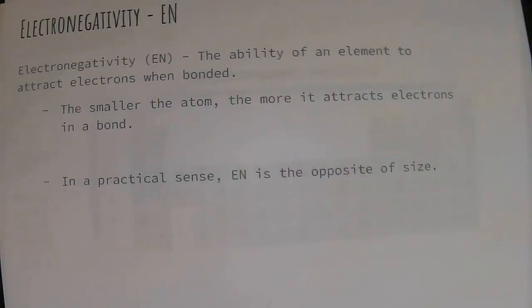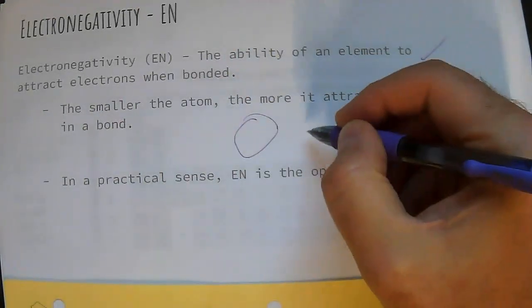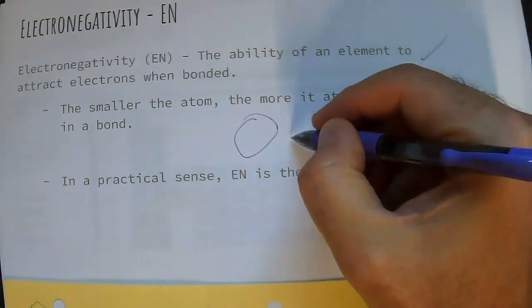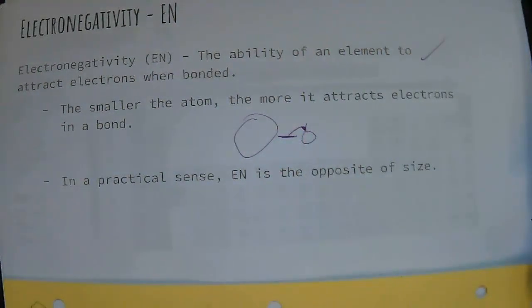Okay, so now the same thing for electronegativity. We already wrote down that definition a couple of slides ago, but the idea is that when you have a smaller atom, the more likely the bond is going to be attracted to that smaller atom.